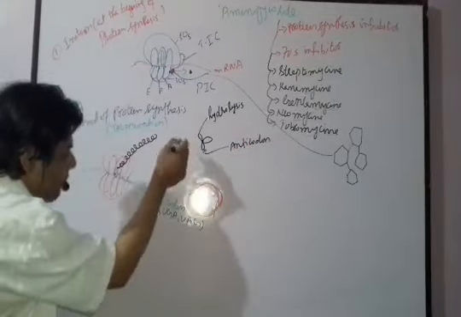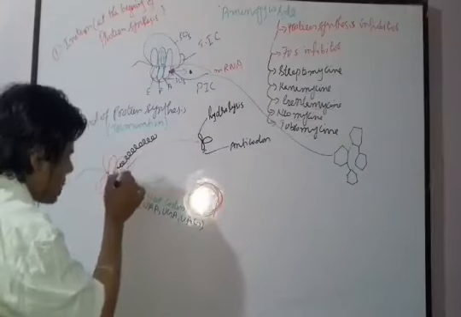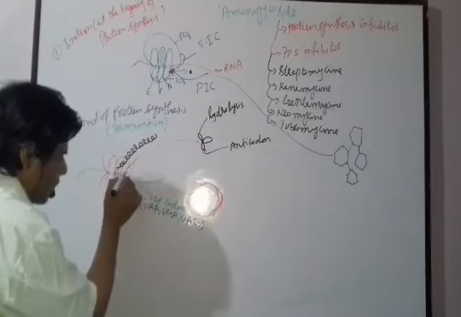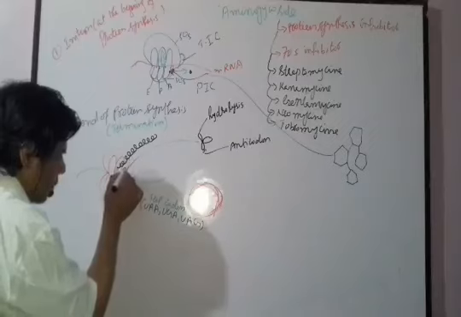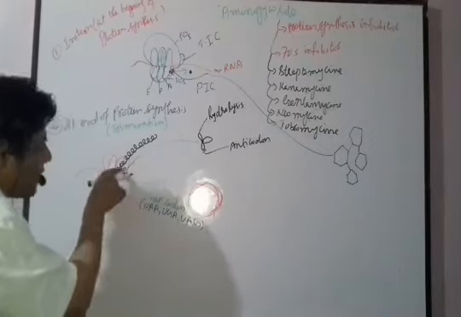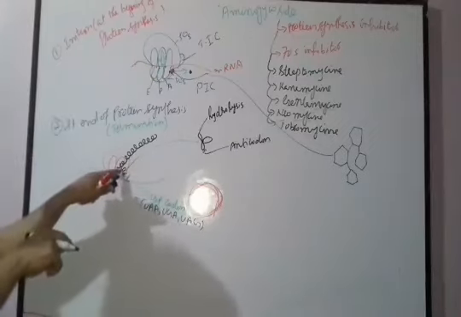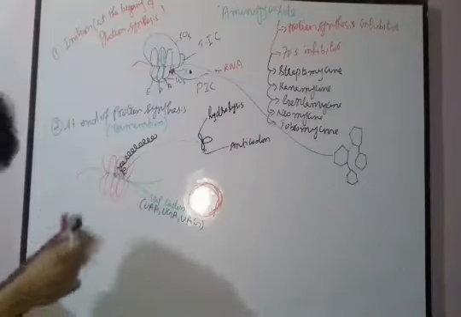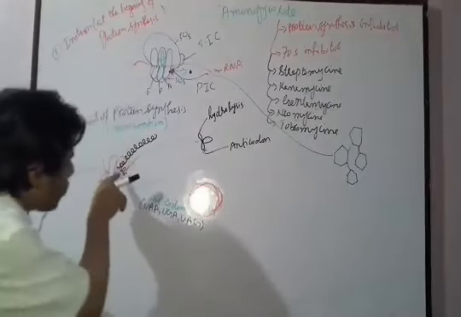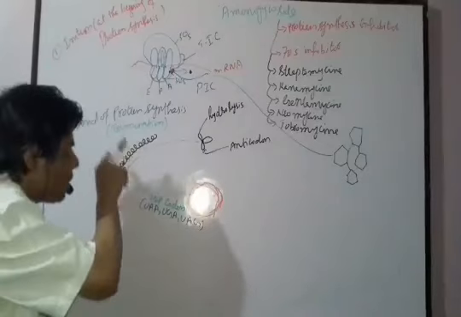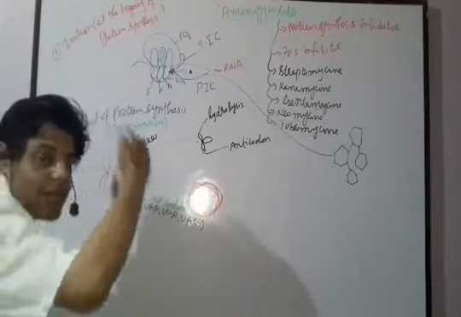Now what actually happens? They will come and sit at this A site, and this hydrolytic site will bind to this long polypeptide chain. Due to the binding of this hydrolytic site with the polypeptide chain, it will be cleaved.